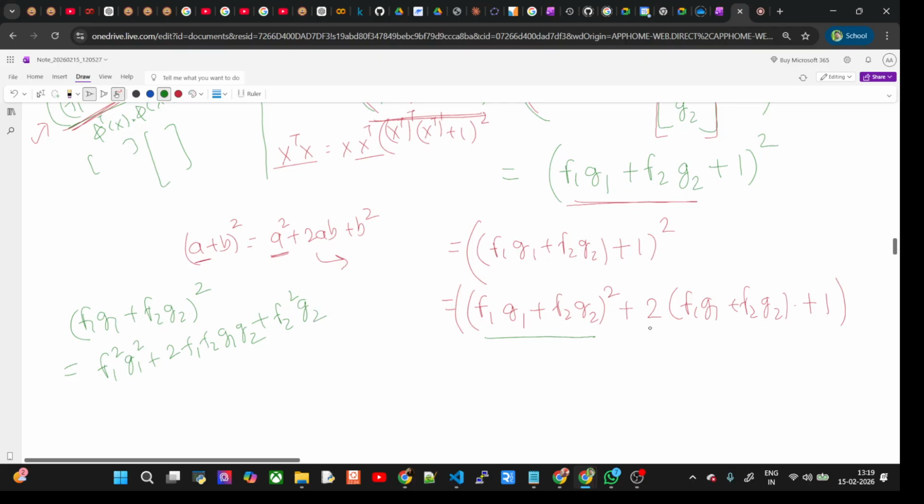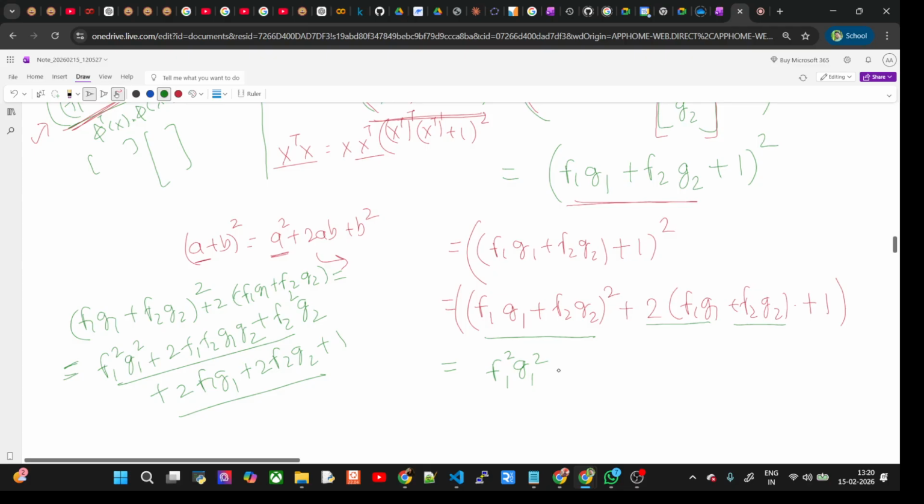And this is plus 2 into f1 g1 plus 2 into f2 g2, and that 1 as it is. So if I rearrange this equation, I will get something like f1 square g1 square. I am doing this just to see, because when you see this video later on, then you will understand. So this is what I did here.